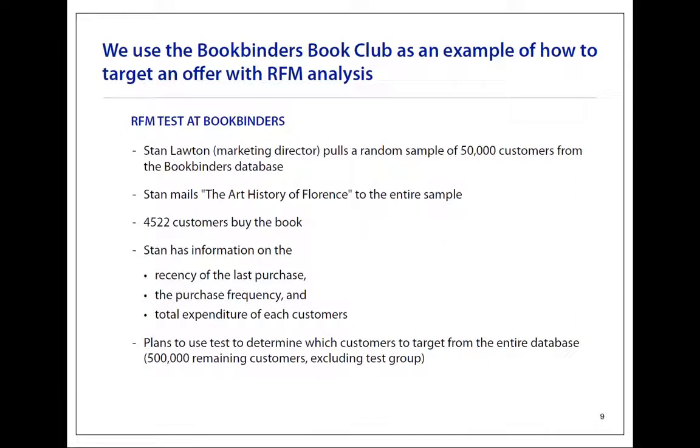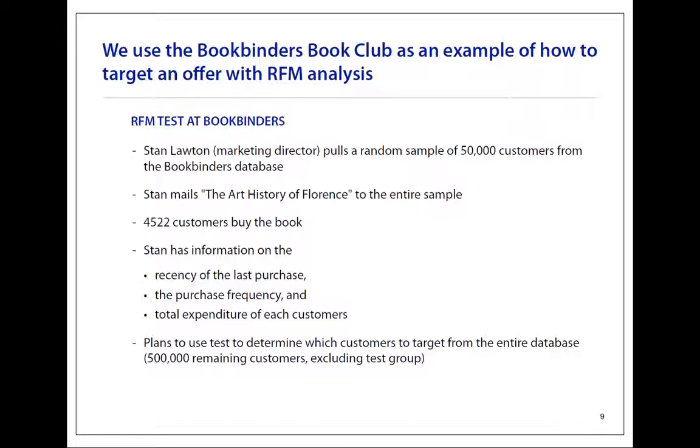So how do we implement RFM? Let's use the Book Binders Book Club as an example. This book club is more like a catalog type of company. They send out book offers, promoting a particular book, and hope that the book club members will make the purchase, and then they can generate some profit out of the purchase.